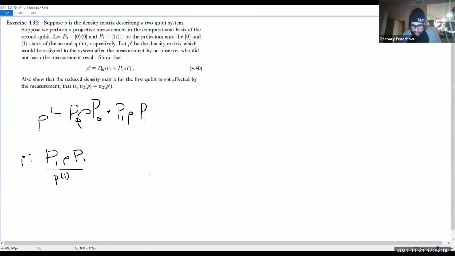So if the observer learns nothing from the measurement, the state must be, okay, so then the state is rho prime equals P0 rho P0 over the probability of 0.